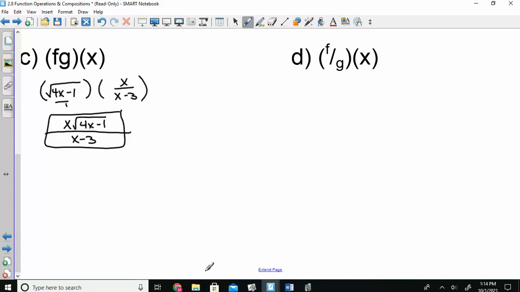So there's my multiplication. Okay. Do I have to do any work to find the domain? No, we already know it's the same as the others. So it's the 1/4 to 3 union 3 to infinity.